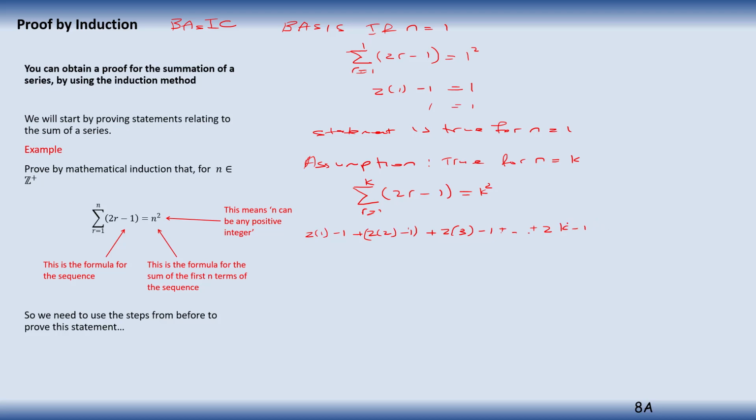And that's going to be equal to, put brackets around that, k squared. So that gives us 1 plus 3 plus 5 plus 7 plus up to 2k minus 1. And that's equal to k squared. So that's where we are with the assumption.